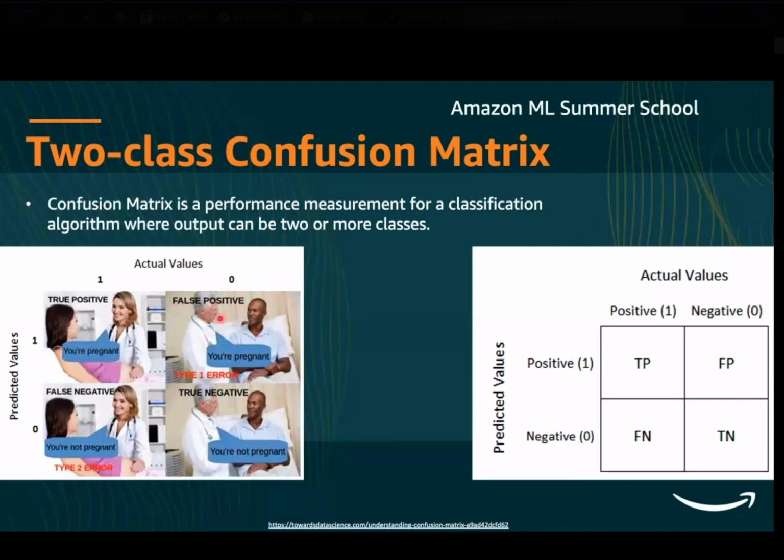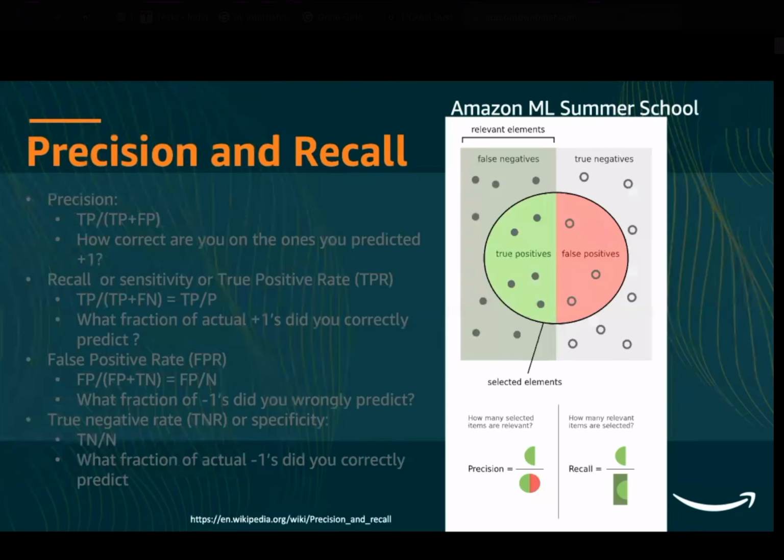Similarly, you have the false negative case. A woman goes to a gynecologist, she is actually pregnant, the true value is 1, however the gynecologist says you are not pregnant, so this is a false negative case. On the right-hand side, this is a concise representation of the same figure. TP represents true positive, FP represents false positive, FN represents false negative, and TN represents true negative.